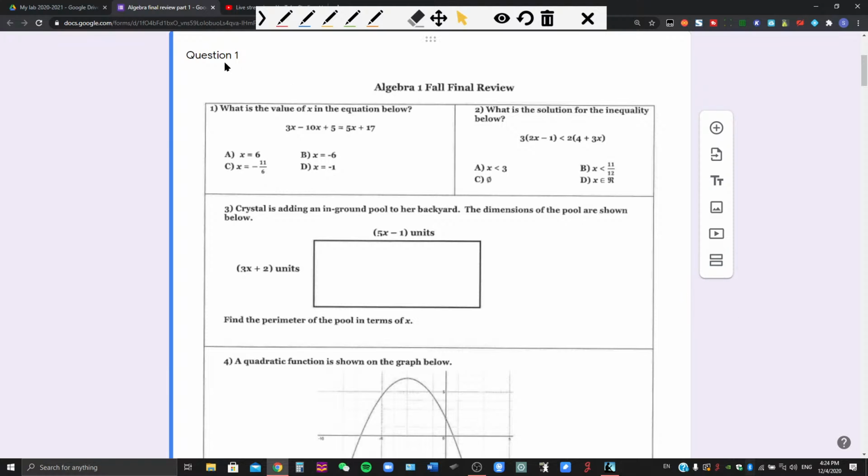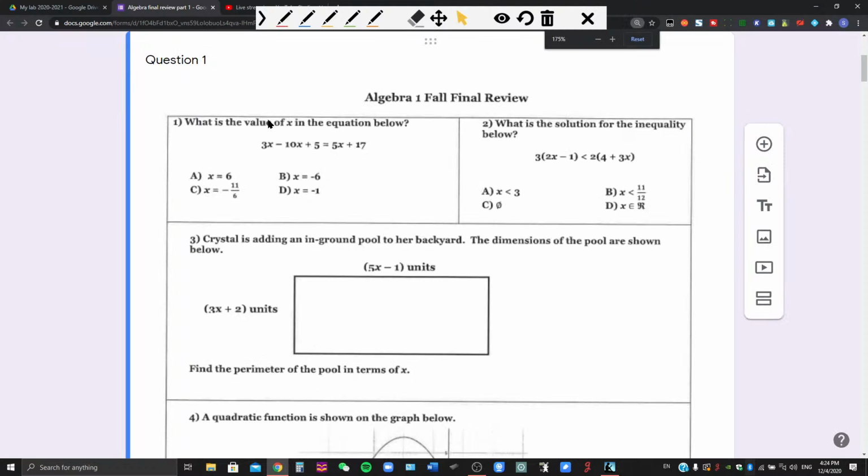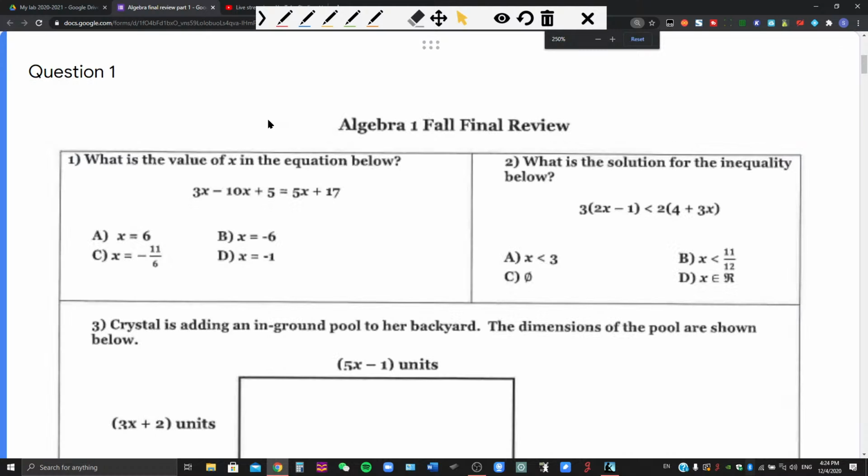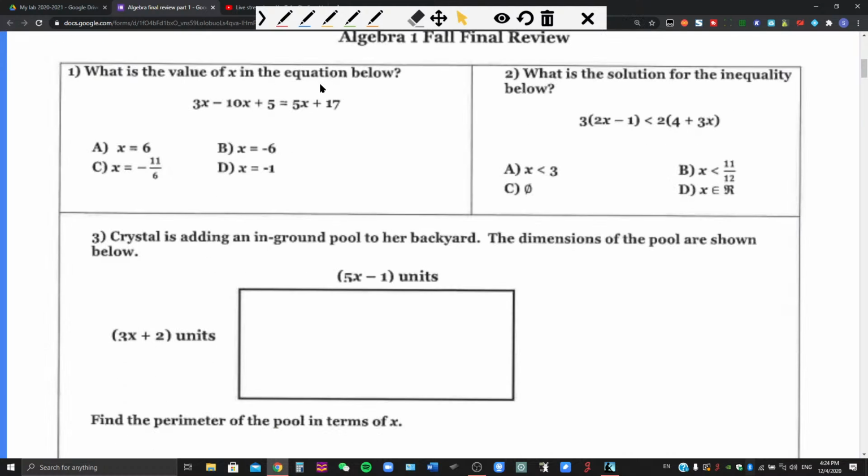Let's go with question 1. What is the value of x in this equation below? So we have this equation, and to do this, first, let's combine the similar terms. 3x subtract 10x, that's 3 subtract 10, that's negative 7x, plus 5 equals 5x plus 17.